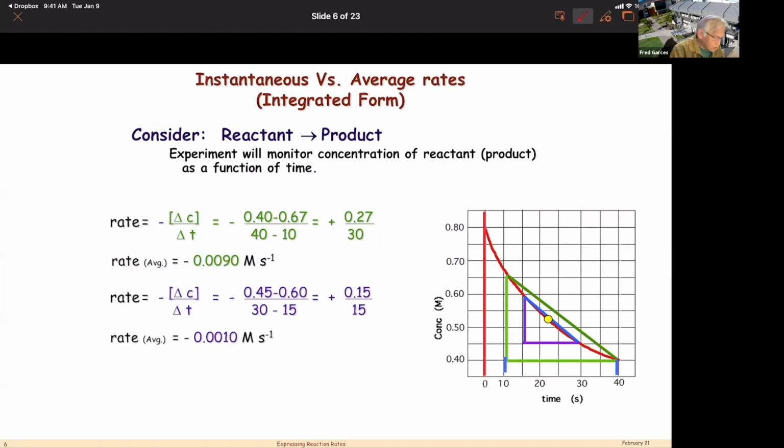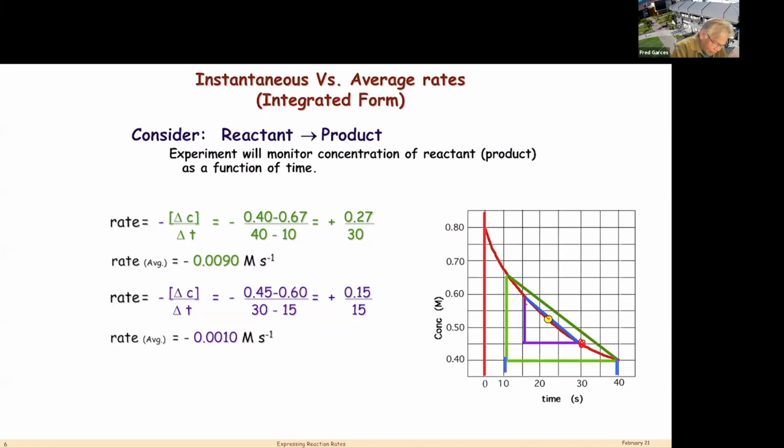Okay, now suppose we want to find the rate and we want to narrow it down between, say, in this particular case, 30, which is right here, and 15 seconds. Well, that's going to be a more narrow, and so what you need to do is you need to calculate that slope again. So again, it's the rise over the run, and in this particular case, it's 0.6 minus 0.45, that's this right here, and then 30 and 15, that's this right here.